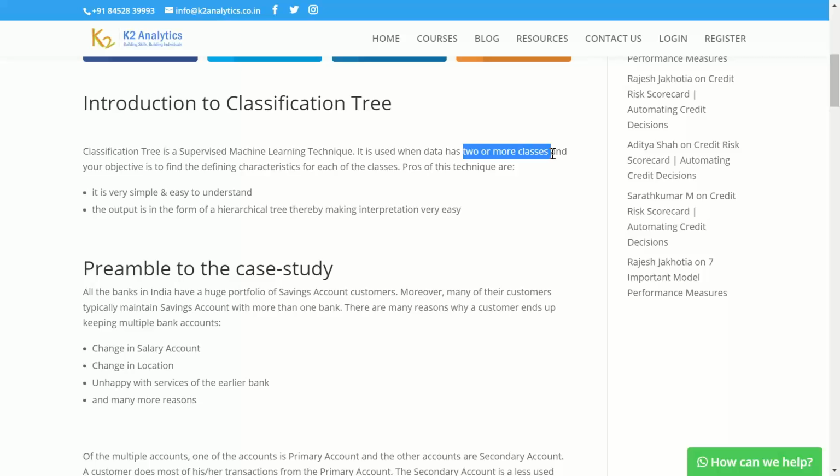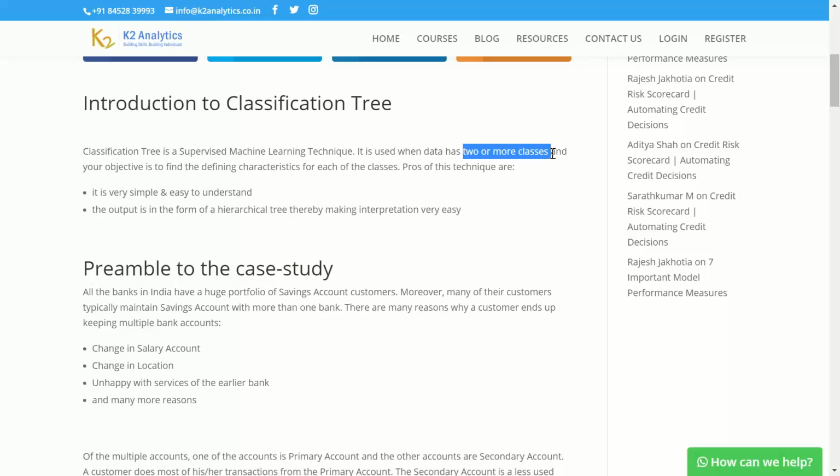However, the majority of times in business decision making, and the moment you talk about decision making, decision of yes or no, there are many such problem statements where the output falls in a binary, dichotomous category, where you have only two classes: yes, no. Whether the machine is going to break down, yes or no, whether the employee is going to attrite, yes or no, whether a person to whom loan is given will default or not default.